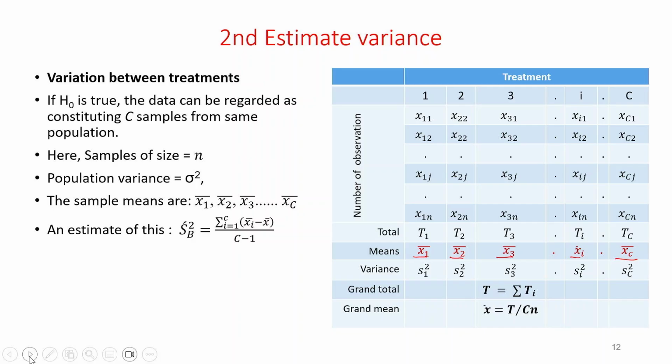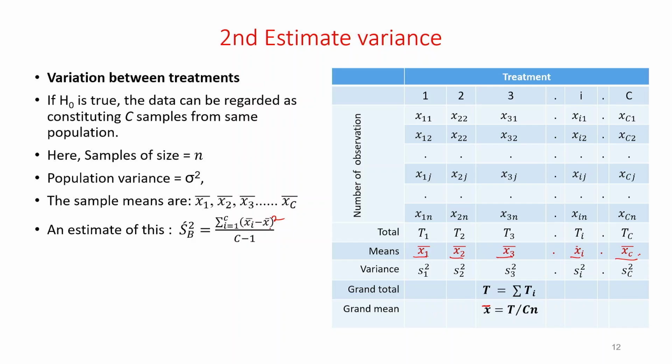So if these are the sample means, then an estimate of variance will be what? Sigma xi bar minus x bar whole square by c minus 1. That is the formula. Here these are my values, and we have to find out the standard deviation between these means, where x bar indicates the grand mean.